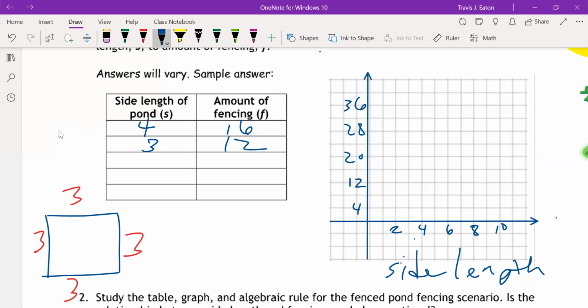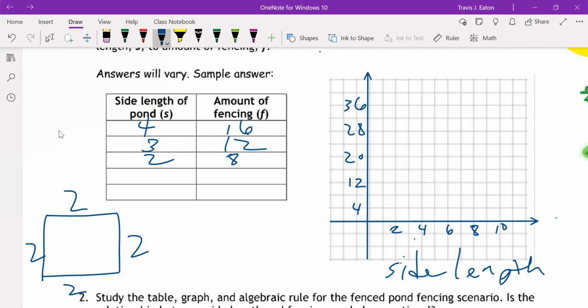And what if we went even smaller, down to 2? How much fence would it require? I bet you can figure it out before I even say anything. 2 plus 2 plus 2 plus 2.